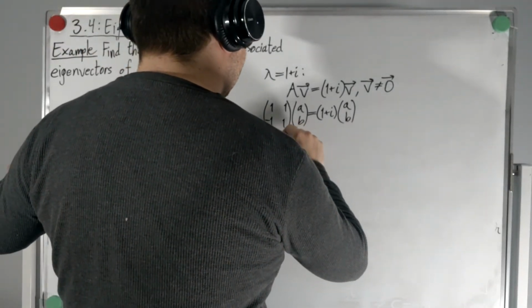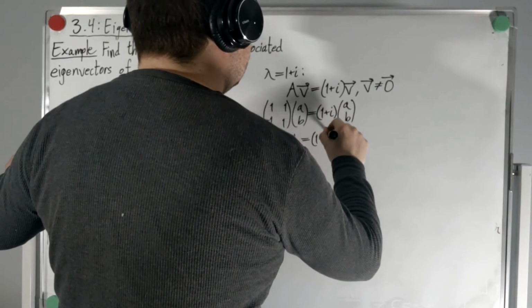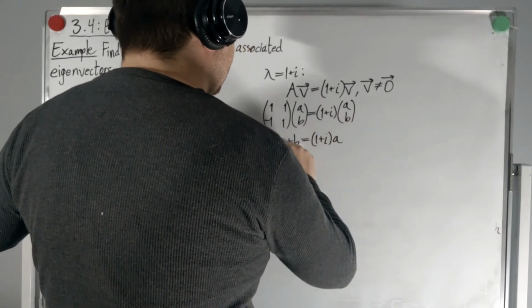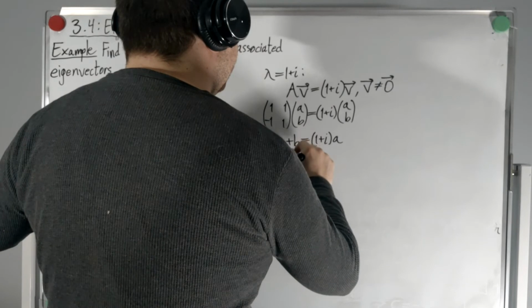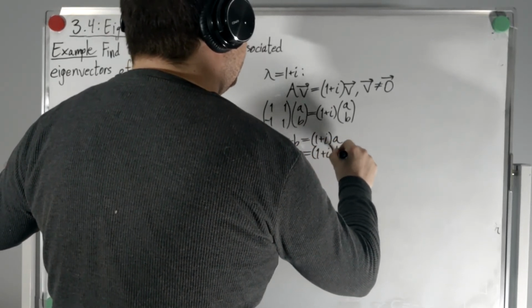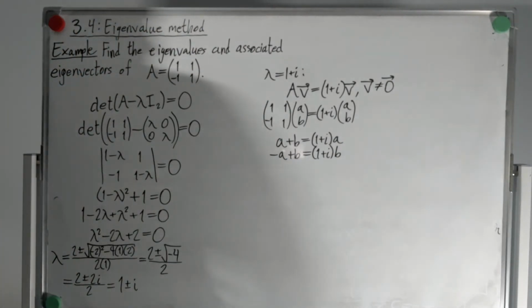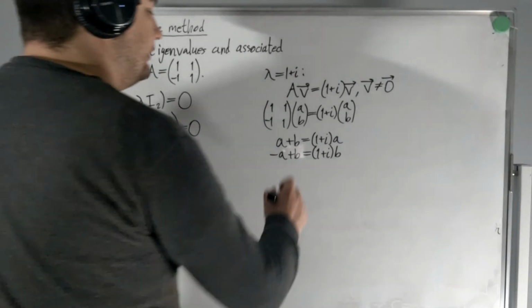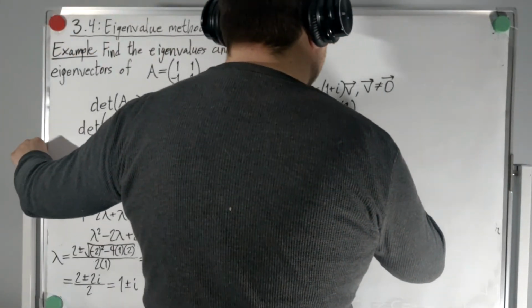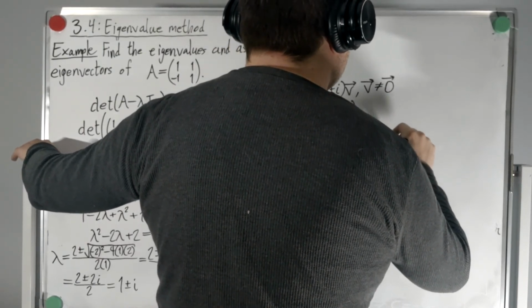Multiply through and you get a plus b equals 1 plus i times a, and then negative a plus b equals 1 plus i times b. Okay, so if you subtract a from the first equation, what you get here is b equals i times a.